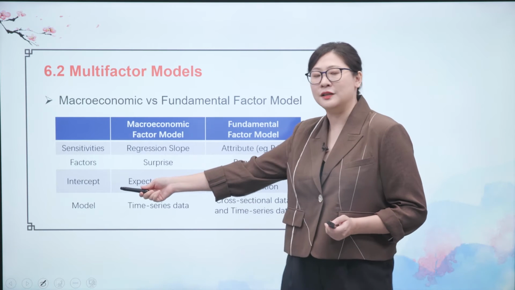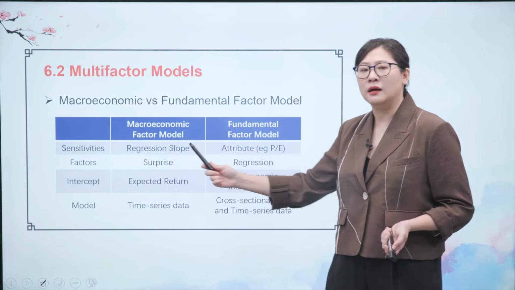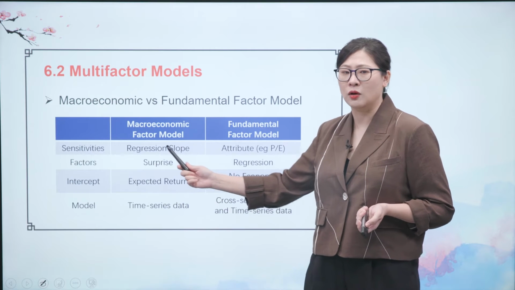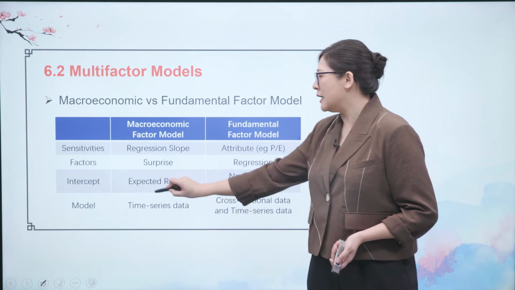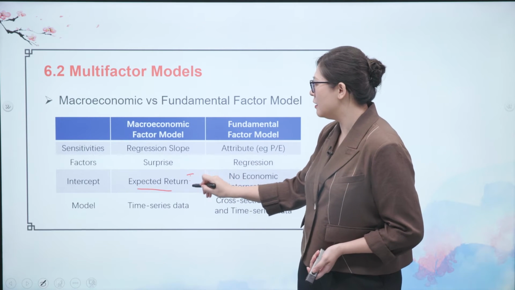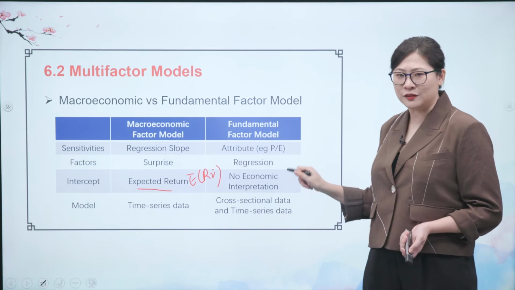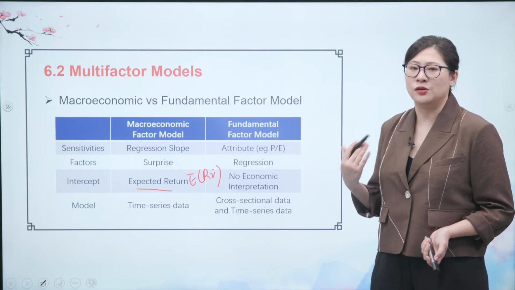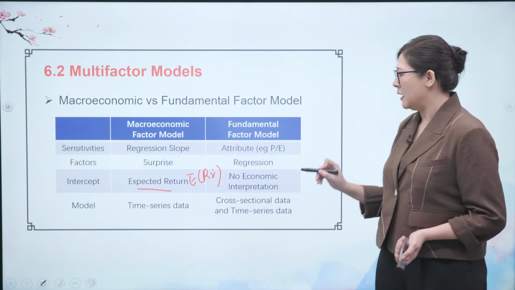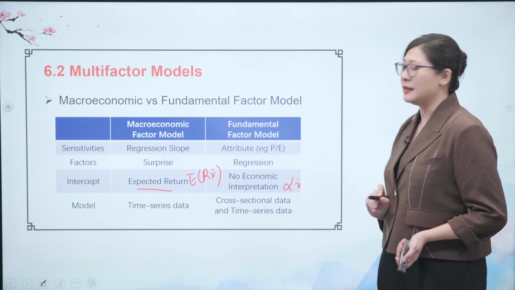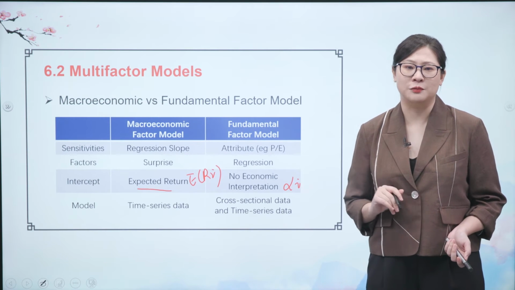The third difference, as I mentioned, is that in the macroeconomic factor model the intercept is our expected return, ER_i. And for the fundamental factor model, there is no economic interpretation. It's just the intercept from your regression result.